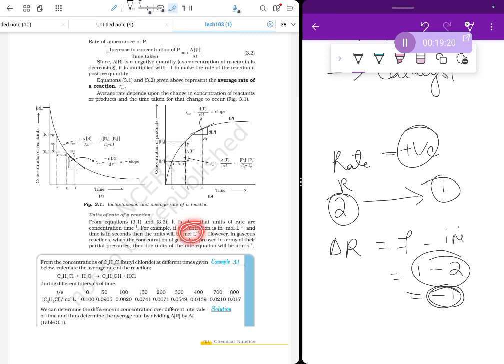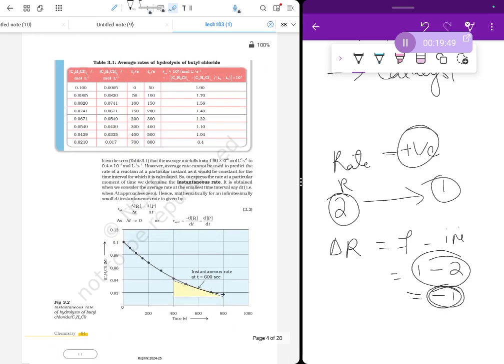However, in gaseous reactions, when concentration of gas is expressed in terms of partial pressure, the units of the rate will be atm second inverse. So the rate can be mole liter inverse second inverse, and also it can be atm second inverse, okay.